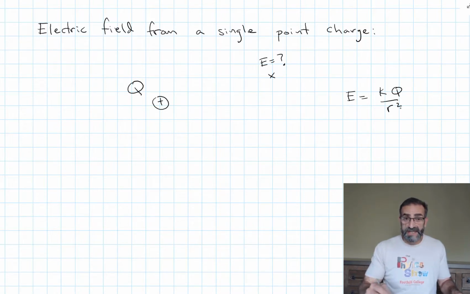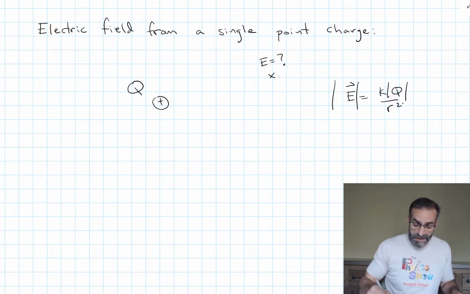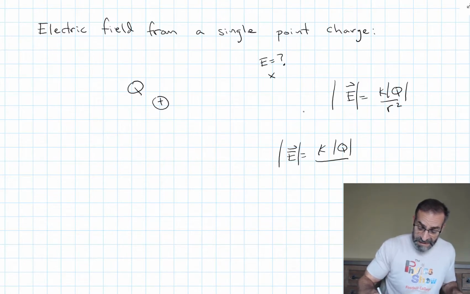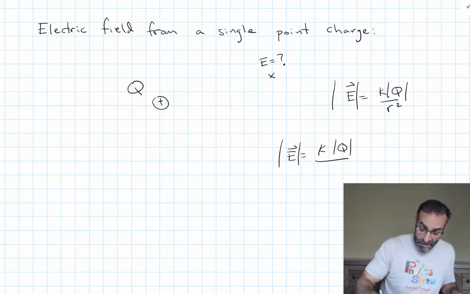So let's take a look at each one of these things real quickly. If I'm finding the magnitude of the electric field, I would take the magnitude of the charge and I would divide it by the distance between them. The distance, remember, think about each variable in your equation. What is this little r?